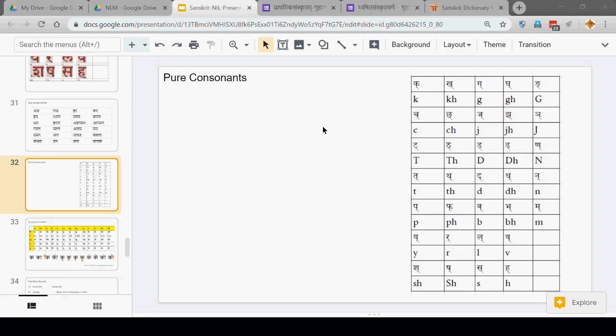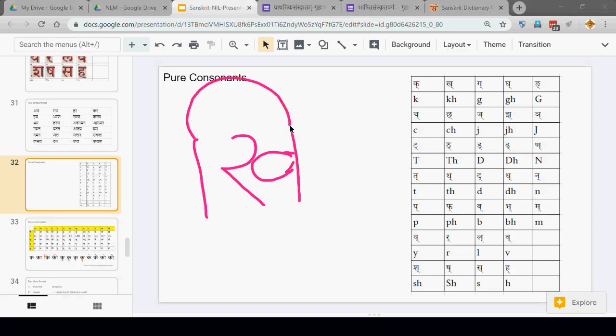So once again, if we want to write ki, the consonant with the e sound, we write the base symbol for k with the a sound. This already has the a sound in it, and then we write a vertical line before that and join these two parts with the half circle at the top.